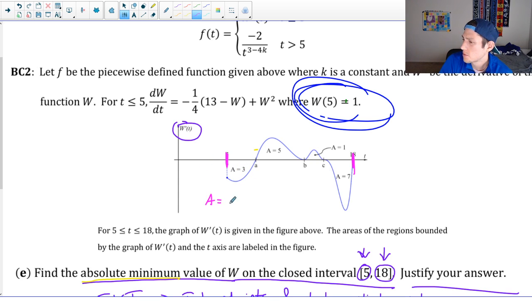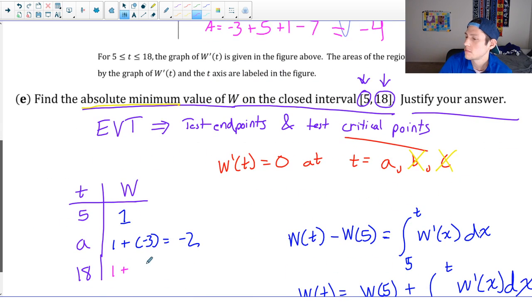We have a 3, but it's below the x-axis, so -3, +5, +1, and then 7, but below the x-axis, so -7. That'd be +2, 2 plus 1 is 3, 3 minus 7, -4. So 1 plus -4, which would equal -3.